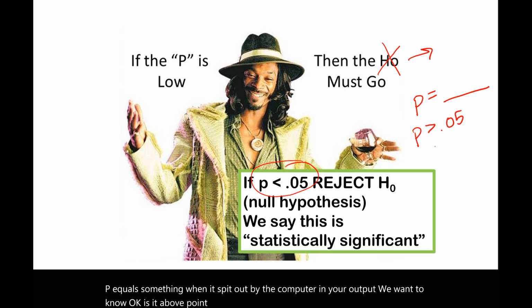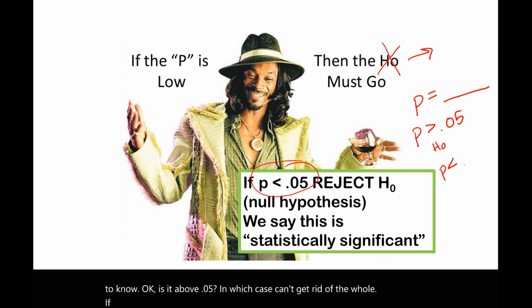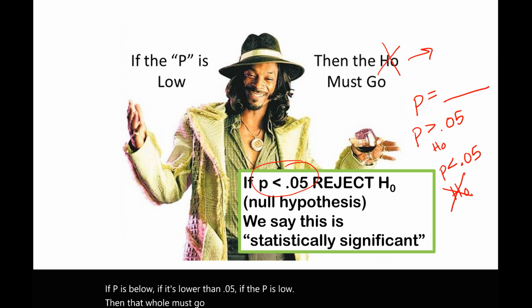In which case, can't get rid of the hoe. If p is lower than 0.05, if the p is low, then that hoe must go. We reject the hoe. Okay, so hopefully that helps you to remember that a little better.